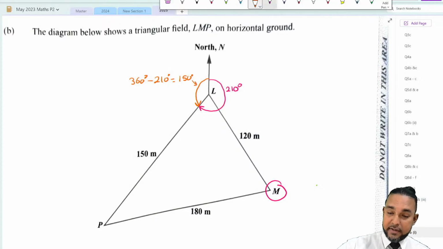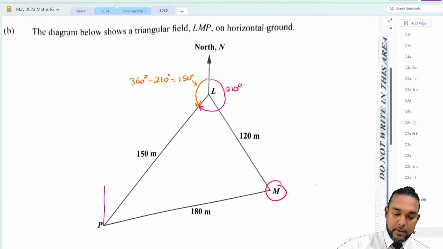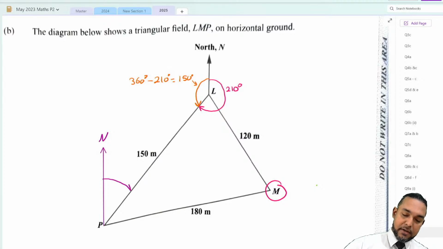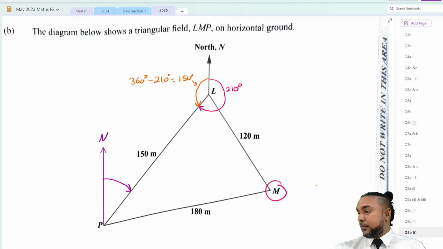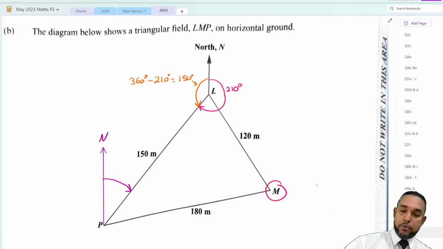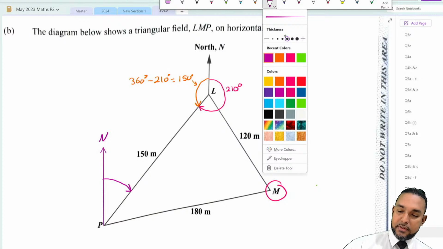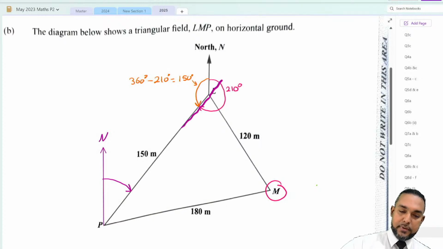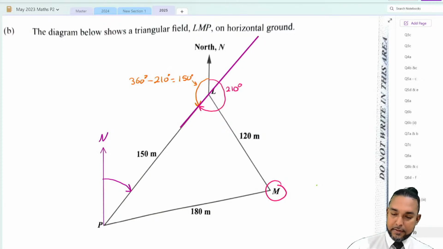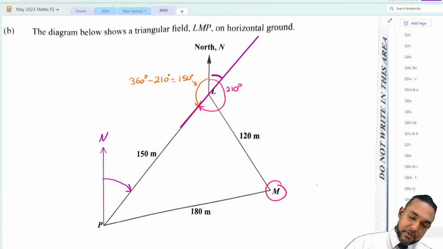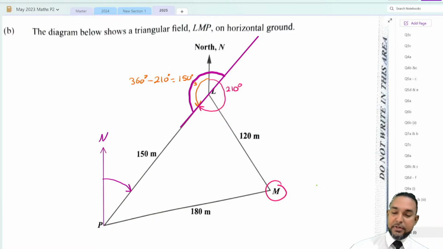Now, what they want us to find is the bearing of L from P. So we need a north line at P. The bearing is the clockwise angle between the north line at the start point and the line connecting the two points. If we extend the line joining P and L, we notice a straight line, and the angle on a straight line is 180 degrees.